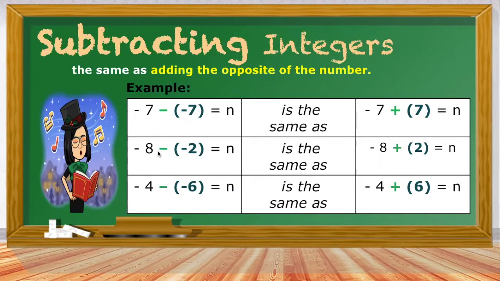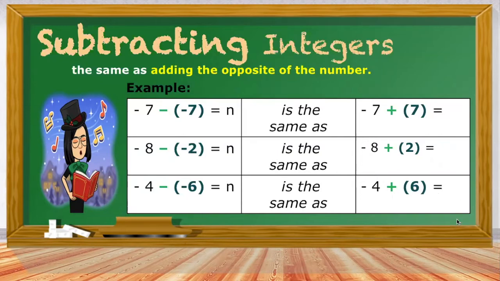Negative 8 minus negative 2 is the same as negative 8 plus the opposite of negative 2, which is positive 2. That is equal to n. And lastly, negative 4 minus negative 6 is equal to n is the same as negative 4 plus the opposite of negative 6, which is positive 6, is equal to n.